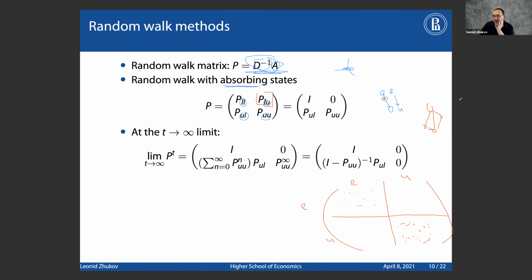From unlabeled to labeled, this is the last step to the labeled node, so we always have values here. From labeled to unlabeled, you cannot go, because there is no way back. So that transition is not possible, and all the values in that quadrant are 0.